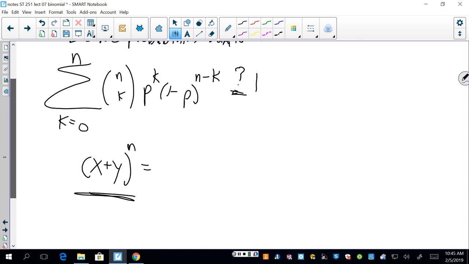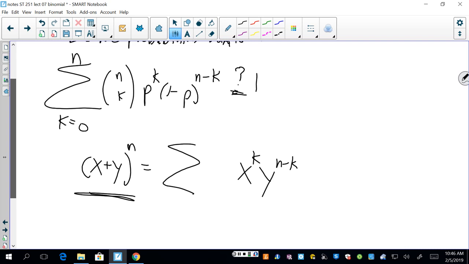And we argued that you have a certain number of x's and a certain number of y's in every term as you expand that. Each time you're either going to get an x or you're going to get a y. So if you get k x's, you get n minus k y's in your terms as you multiply all those things out.